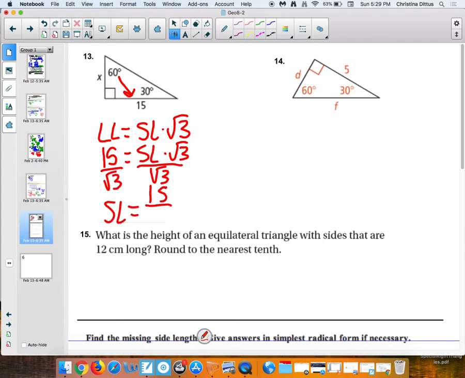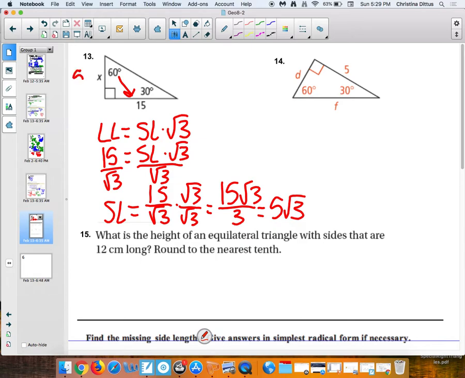So just like we did last time, you're going to multiply each by the square root of 3, which leaves 15 square roots of 3 over 3. Simplify that, we get 5 square roots of 3. So my short leg is 5 square roots of 3, and double it to get my hypotenuse, so 10 square roots of 3.